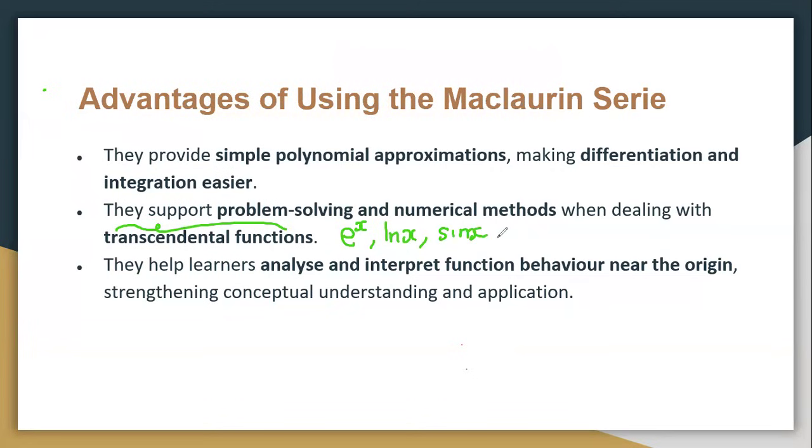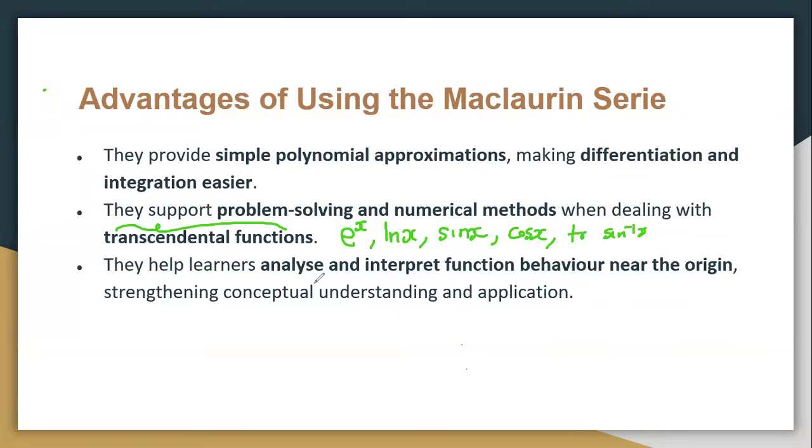Cosine, very good. When you look at the cosine of x, yes, those are transcendental functions. For such functions, we estimate them using the Maclaurin's series. The likes of maybe sine inverse of x. Also, when we are interpreting and analyzing the behavior, we can use the Maclaurin's series.